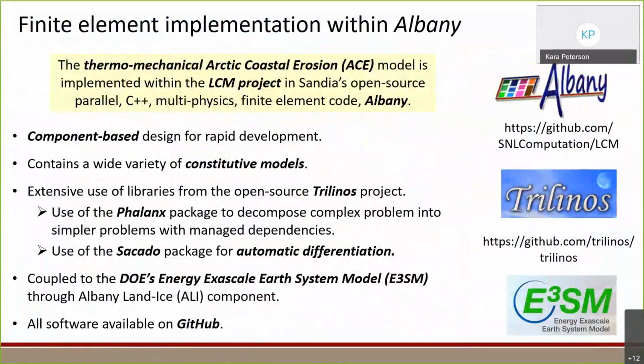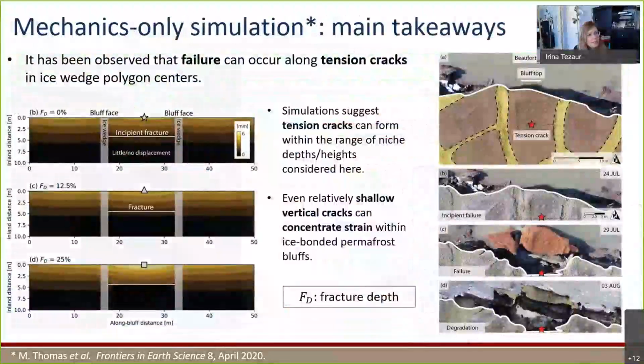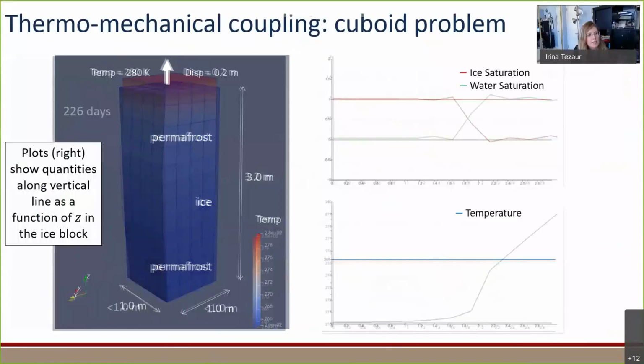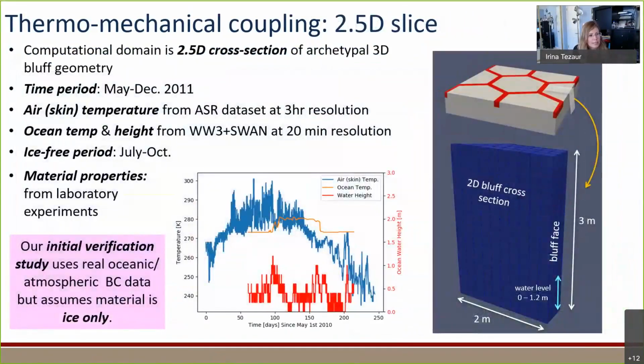So we would start with the 2.5D slice, just because that's kind of the simplest. So the idea would be to try it on this ice-only geometry, see if we can resolve those issues, and then we would make it more and more complex. So we would put in the material properties to have the permafrost, and then eventually we would go to this 3D geometry.